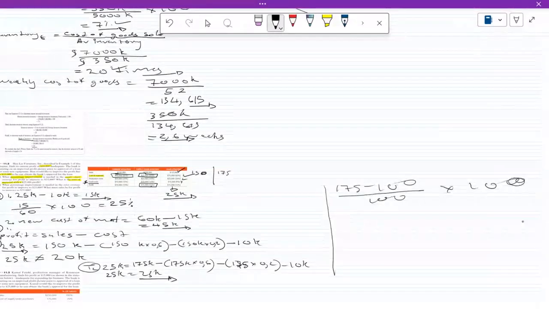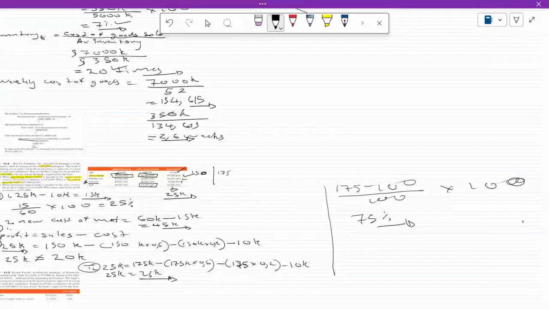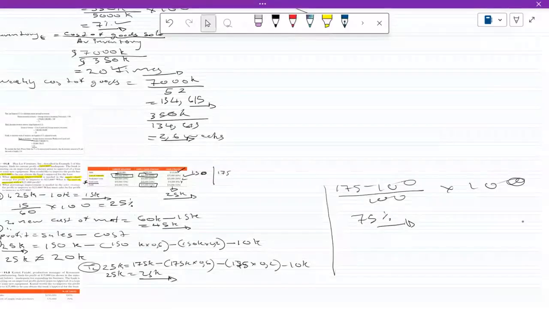Then you are getting 75% increase in sales. You need to increase your sales by 75% in order for you to get just a 25,000 rands profit. So increasing sales is not good. Keep that in mind. Okay, my calculations. Yeah, that's 0.75, which is correct.